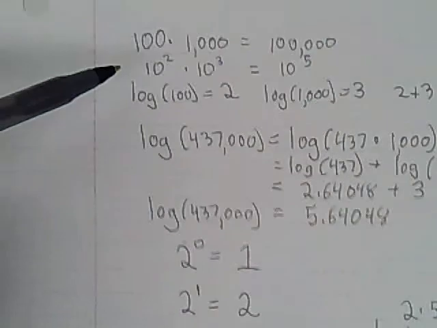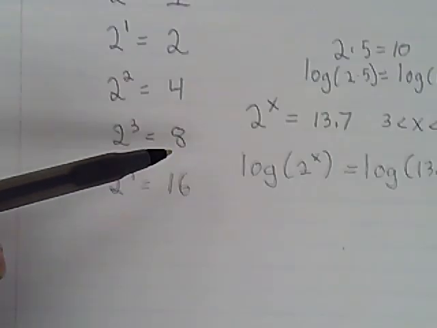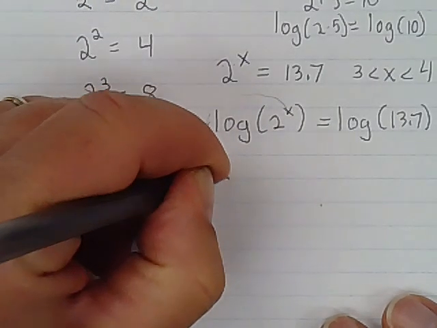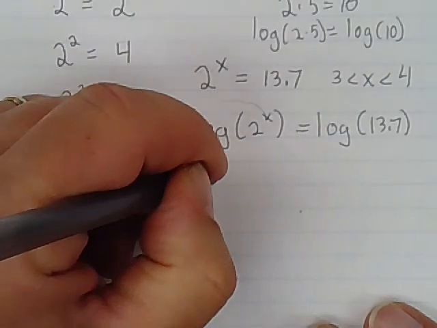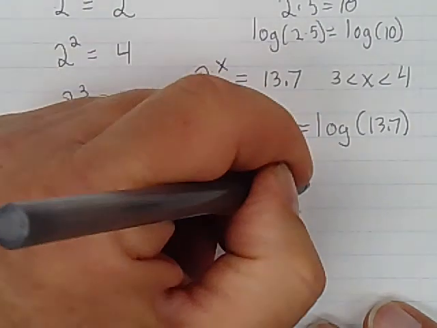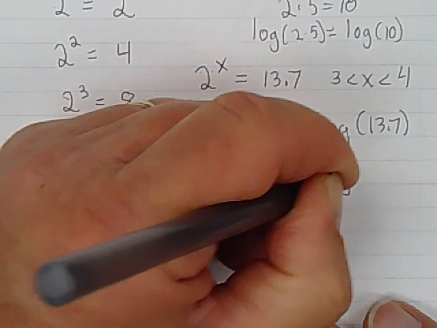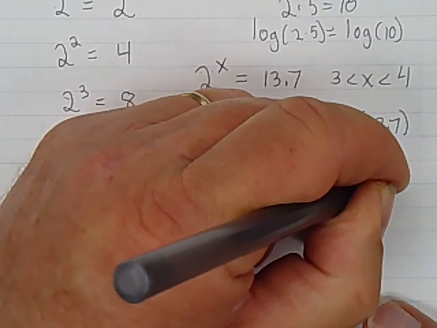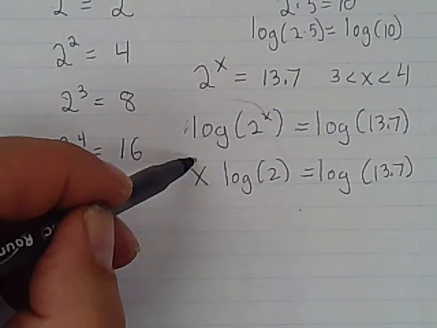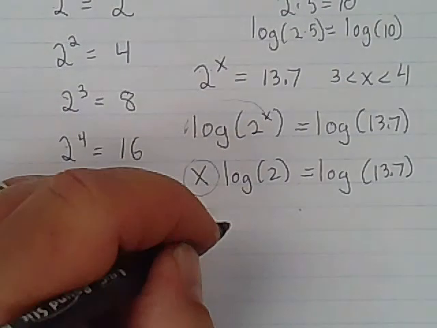Maybe you realize this earlier property about logarithms is that the x can be pulled out now. And this becomes x times the log of 2 is equal to the log of 13.7 in this example. Now I can solve for x. Oh man, this is easy.